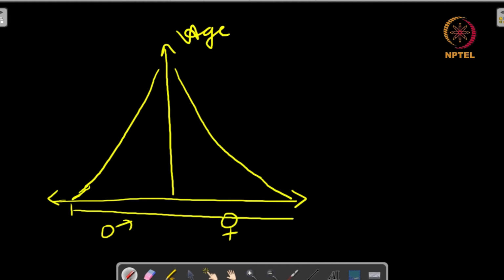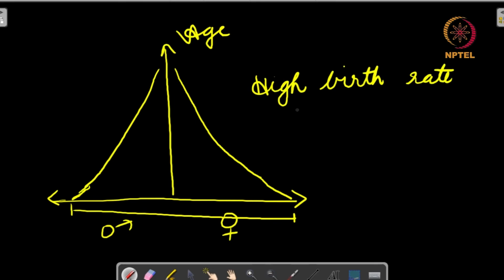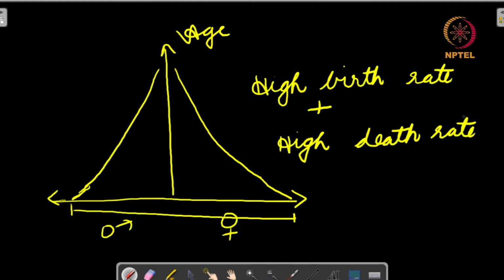So these many children are getting born, and as they increase in age, the population sharply reduces in size, showing that there is both a high birth rate and a high death rate in this particular society. Now, in this case, the population may either remain constant or even start to increase a lot.